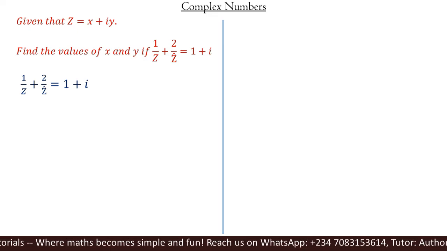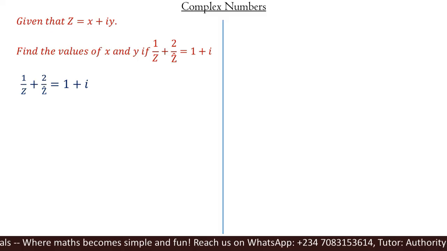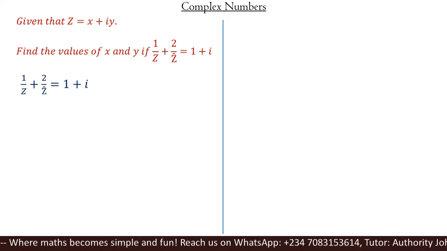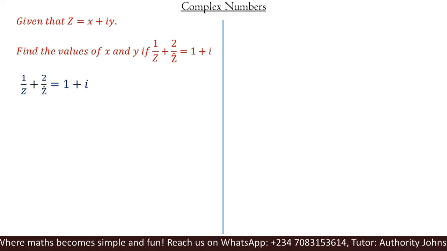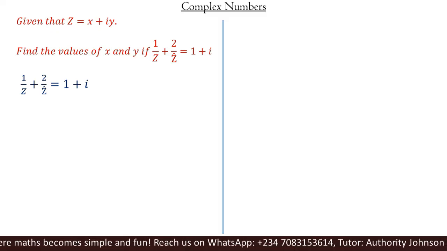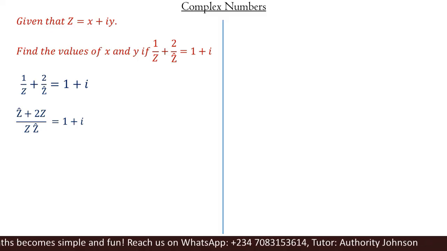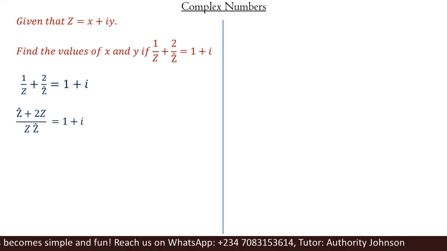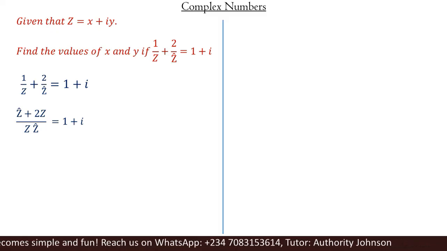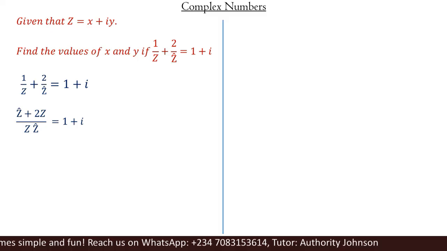If we want to combine these together, it's simply addition, right? We can just look for the LCM, which is going to give you z multiplied by z bar. The denominator of the first term is z, so we multiply the numerator 1 by z bar, which gives z bar.